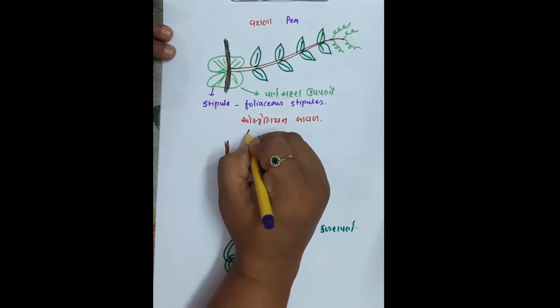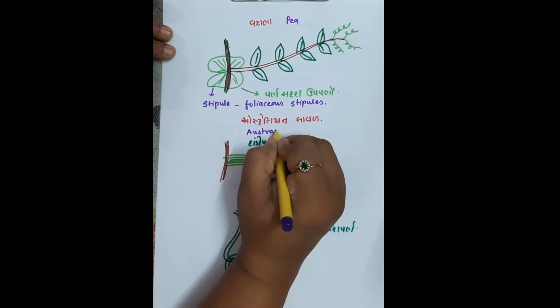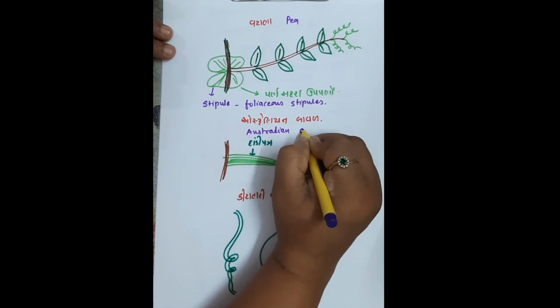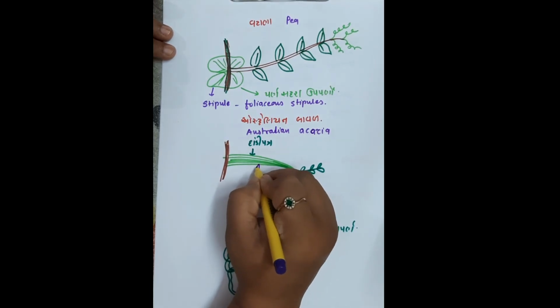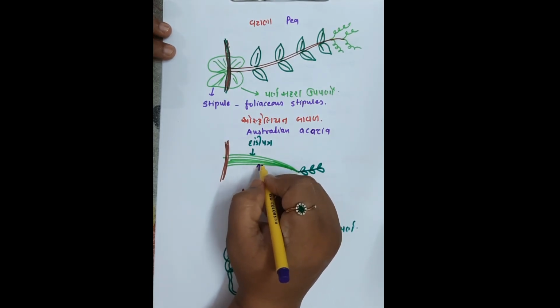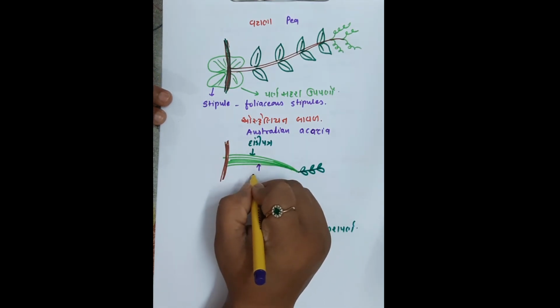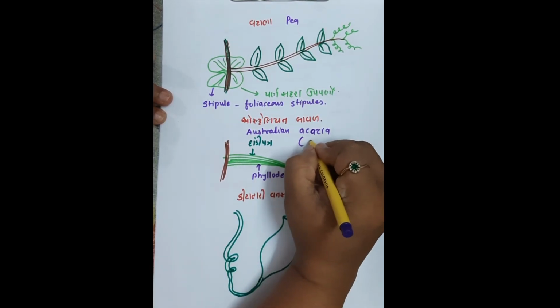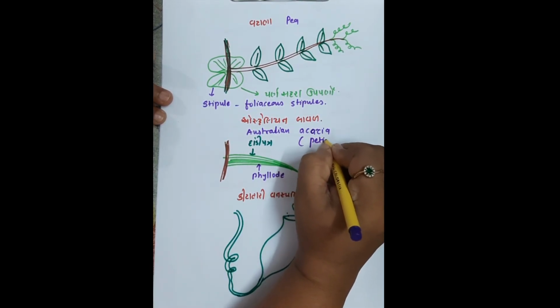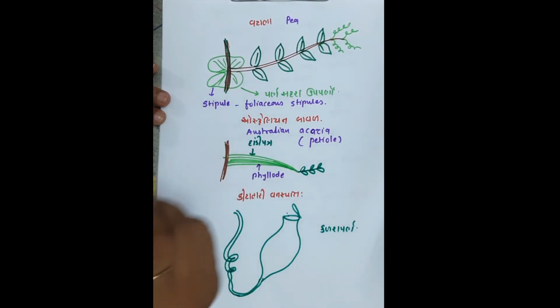This is Australian acacia, and here the petiole becomes green and flat and prepares food, which is known as a phylloid. So here is the modification of petiole, and here the modification of stipule, right?